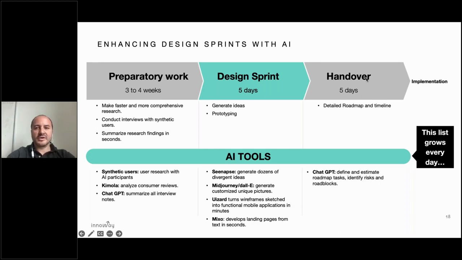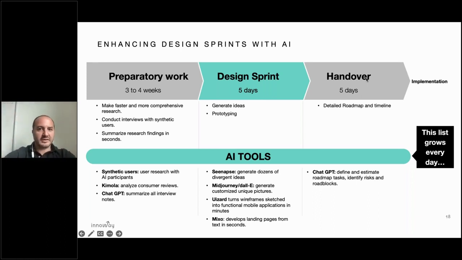During the design sprint, what is really helping to speed up the process is the whole prototyping with tools like Midjourney or Mixo. These tools will allow you to develop websites, landing pages in the span of seconds based on a text. That text can even come from ChatGPT if you do the right prompts.